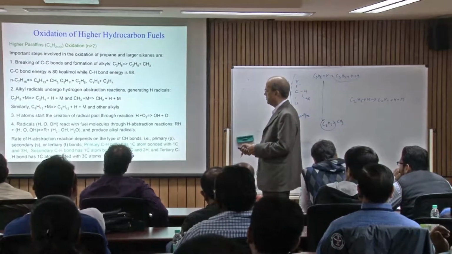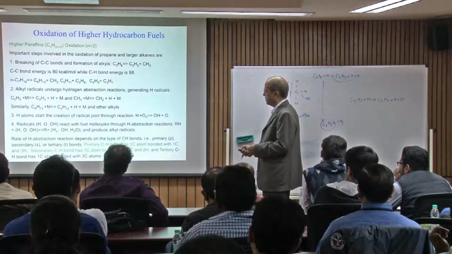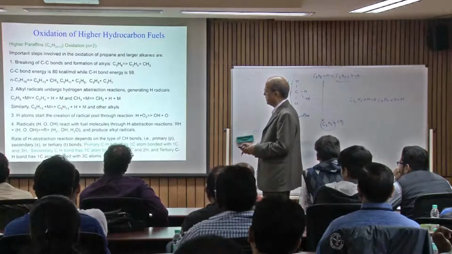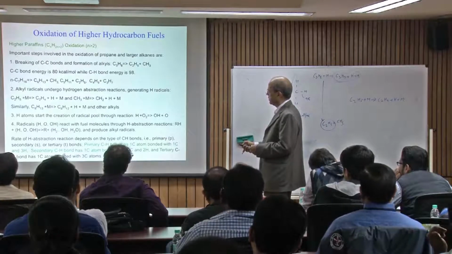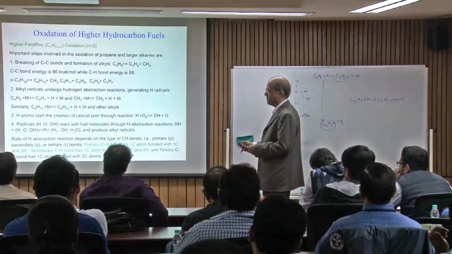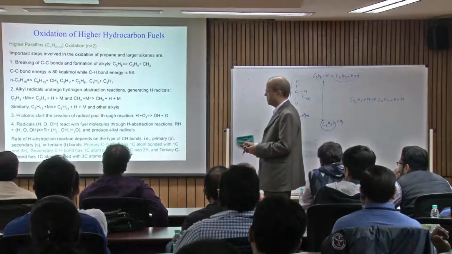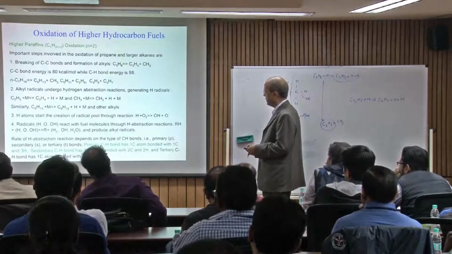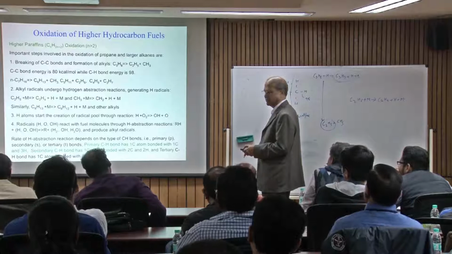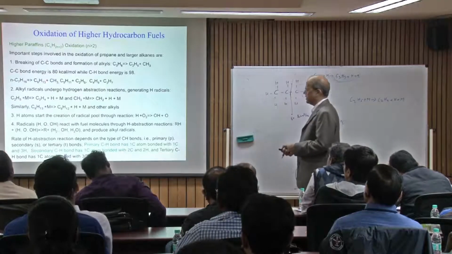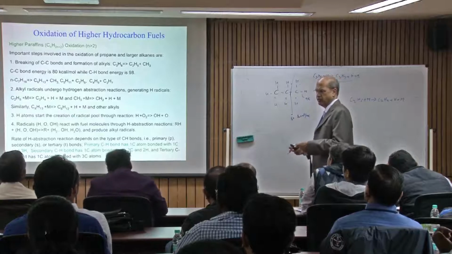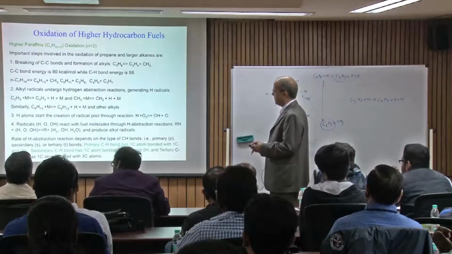Here is C2H4. Here you have C6H14. You will have additional ones like C5H10 and so on. I'm just writing, so you can fill in the blanks and other alkyls. So that is the second step: breaking of CC bond, and then the hydrogen abstraction reactions.